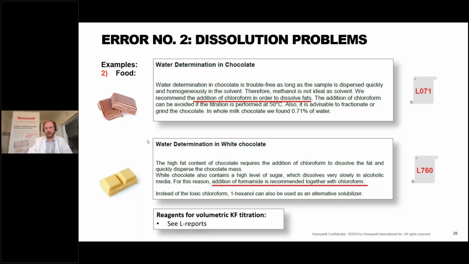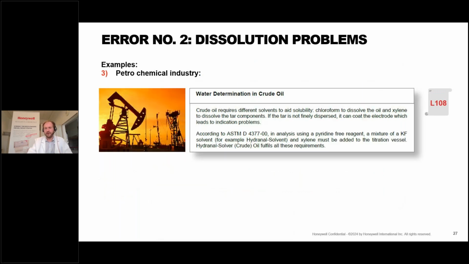If we look at the petrochemical industry, then for most users in that industry, it is very well known that solubilizers like chloroform are required to improve the solubility of oil samples, or at least enhance the water extraction from the emulsion that is formed during the titration. And for crude oil, it is even required to add xylene to the titration medium to increase the dissolution of other components like tar.